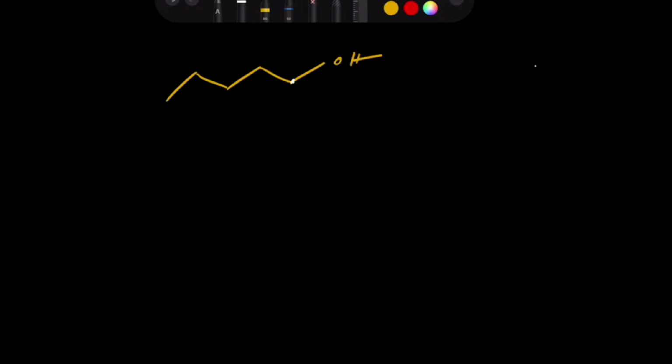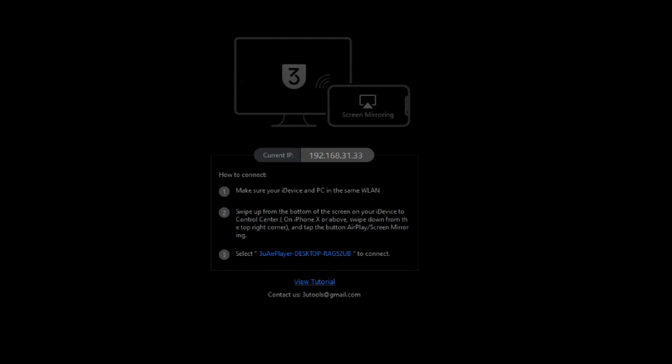Now I'll draw an alcohol. It is an alcohol with this long chain. If I see one carbon, two carbons, three carbons, four carbons, and five, this is a molecule of pentanol.